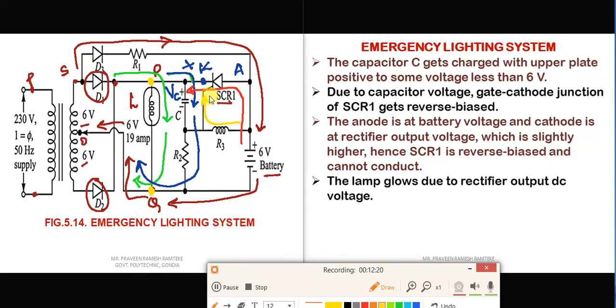Because of this inductor's EMF, the SCR will be triggered and the current from the battery will flow through this SCR. Obviously, it is going to charge the capacitor, and the current is now flowing through the lamp and it will turn on, and the current will keep on flowing like this.